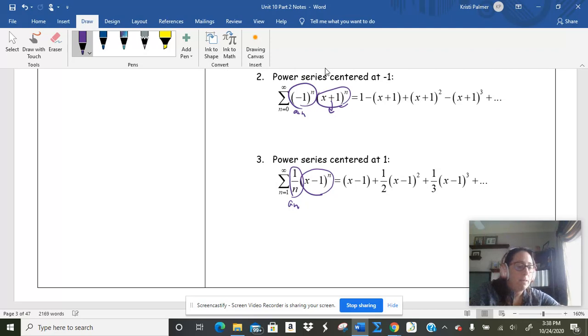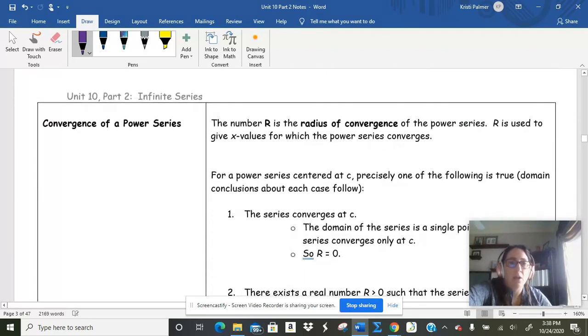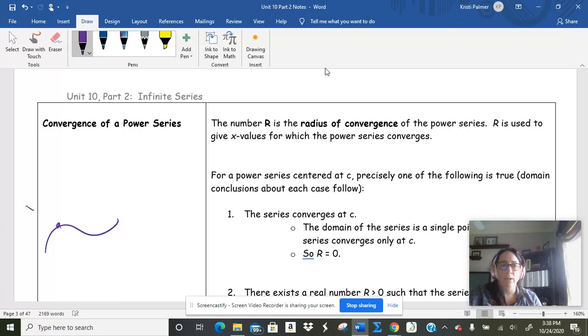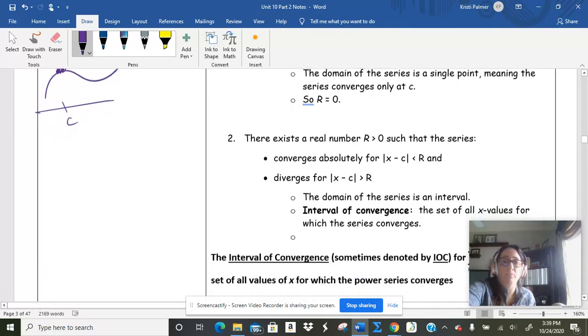Okay. So we are going to have 3 different options for what can happen with the convergence. So just like in a tangent line, we can have whatever we're finding only converge at where we are centered. So it still only converges at one point, even if I have this wonderful polynomial, but it still could be just like the tangent line and only converge at where you're centered.